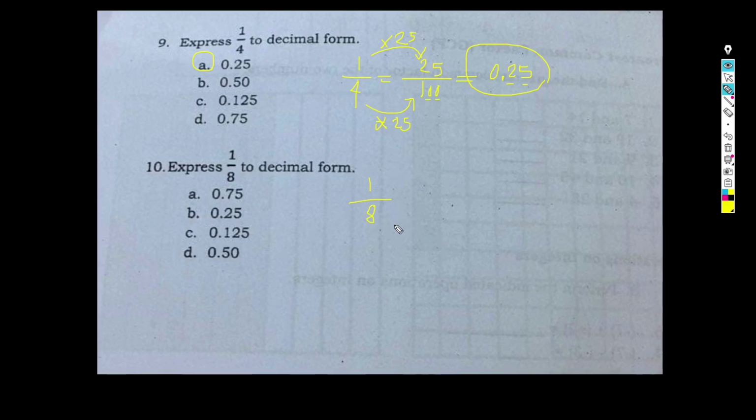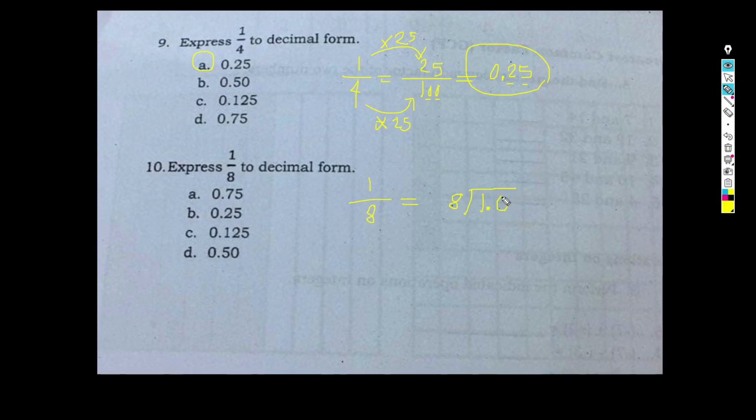Since we cannot change this 8 immediately to tens, hundreds, or thousands, we can just easily divide this. 1 over 8 is just 1 divided by 8, because a fraction is just division of two numbers. So we will put the point here.